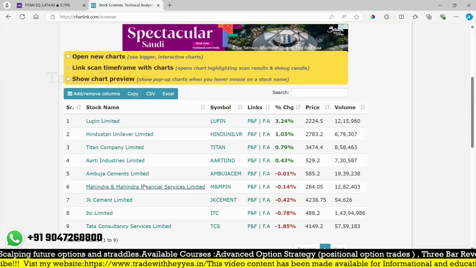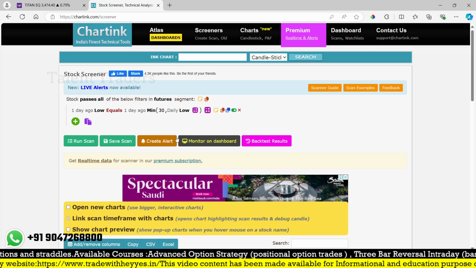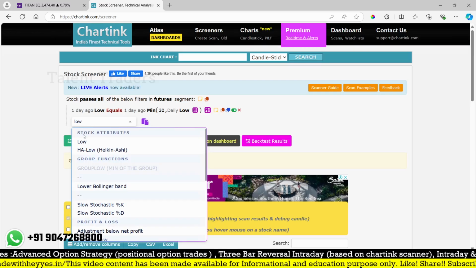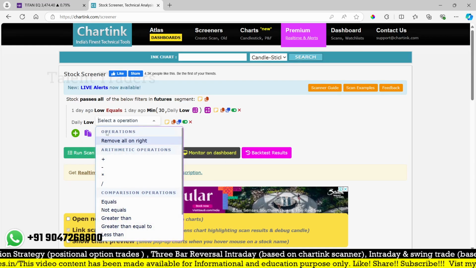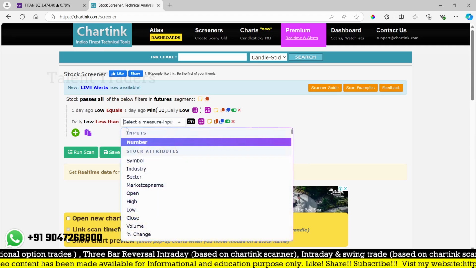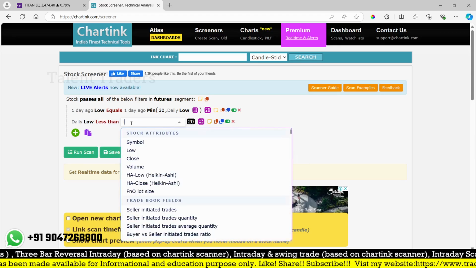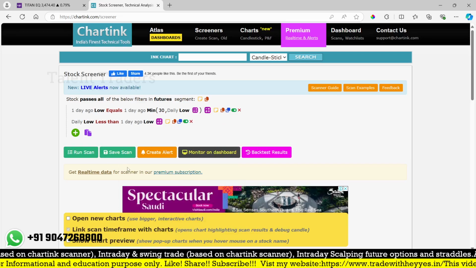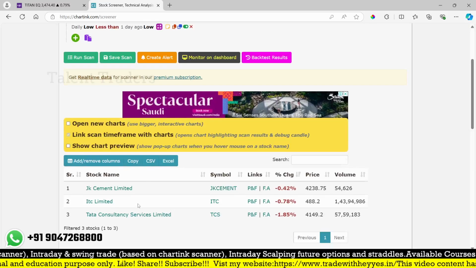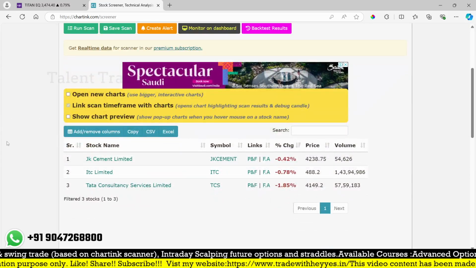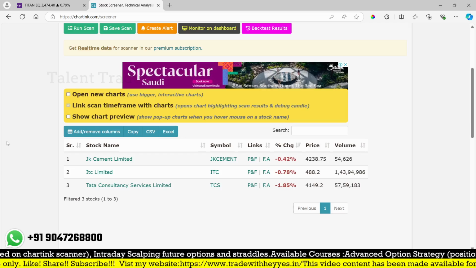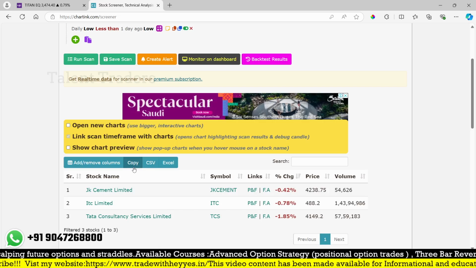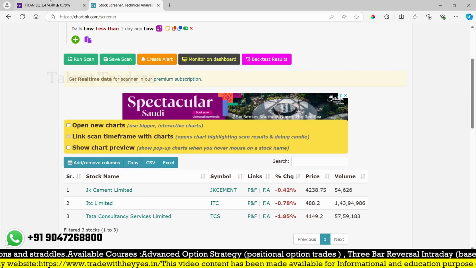We are already finding stocks forming a 30 candles low and the current day low. Today's low must be less than the low of 1 day ago. This will fetch stocks where today is also a low, and the previous day is a minimum 30 candles low, and the current candle low is less than the previous one, like ITC.